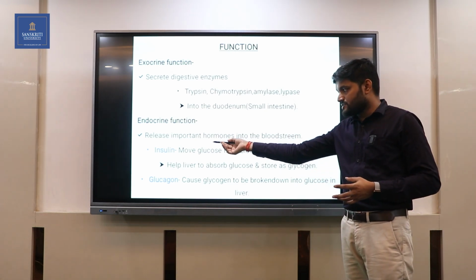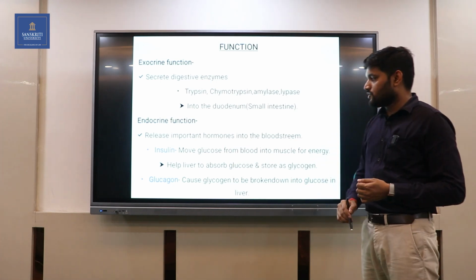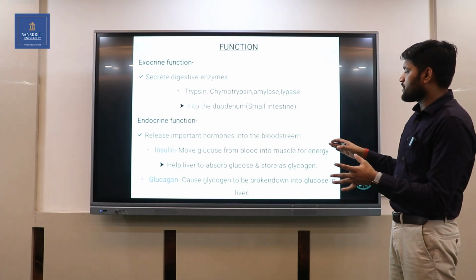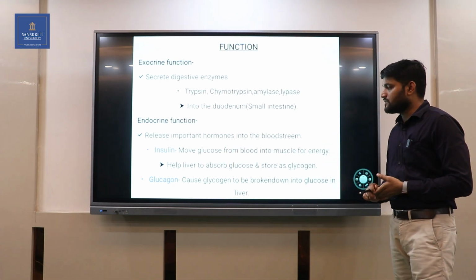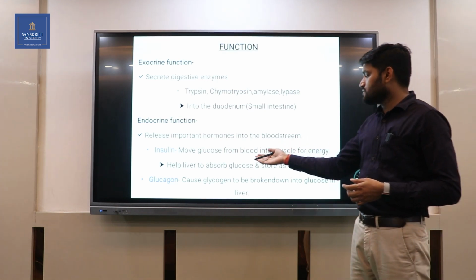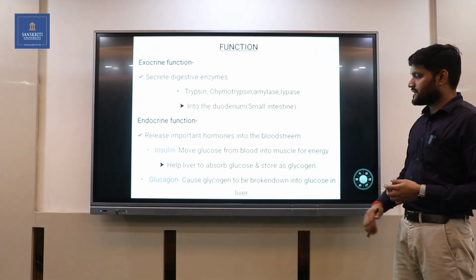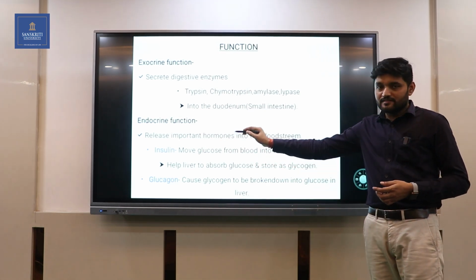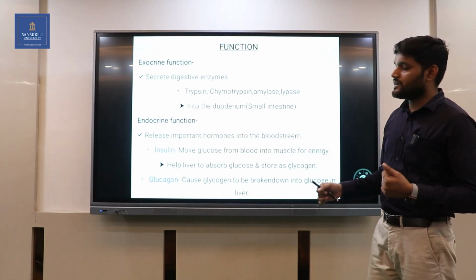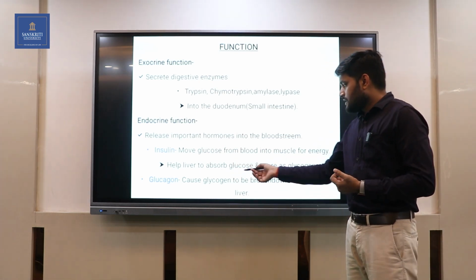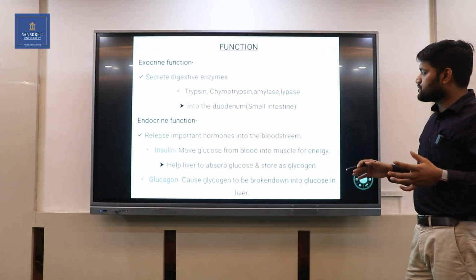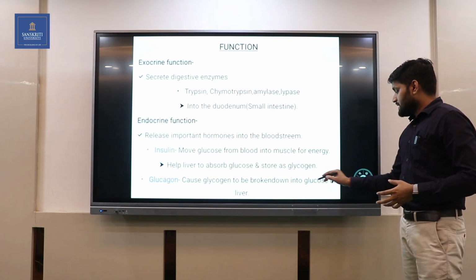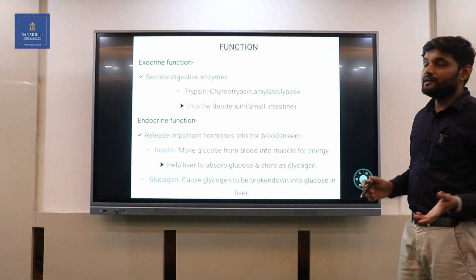First, insulin and glucagon. Insulin moves glucose into the muscles for energy and helps the liver absorb glucose and store it as glycogen. This is the function of insulin in our body. Glucagon causes glycogen to be broken down into glucose in the liver.